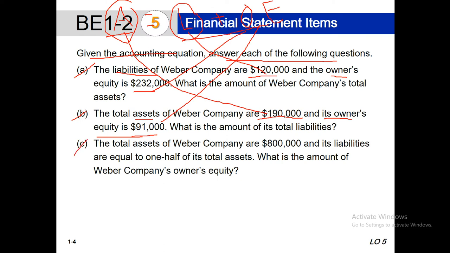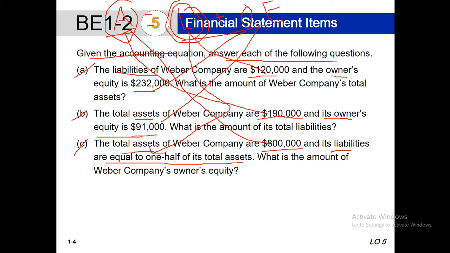Number C. The total assets of Weber Company are 8 lakh. Its liabilities are equal to one half of its total assets. That means the liabilities are one half, so one half means 4 lakh.